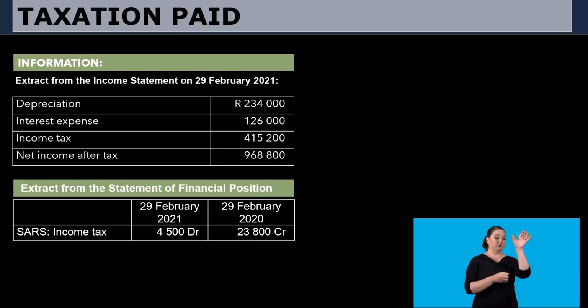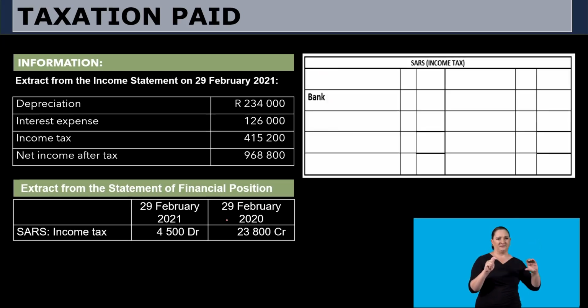We are given information here, and we are told this is an extract of the statement of comprehensive income and an extract of the statement of financial position. And what we want to do is to calculate the amount of tax that has been paid. It is very simple.